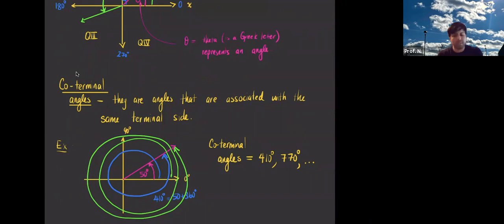But that's why we discuss it first, because we have to understand that 410 degrees, 770 degrees, 50 degrees, in a sense, they're the same. In a sense, they're different because you move around the XY plane more than once for several of those. But where you end up is exactly the same place. Where you end up for 50 degrees will be the same thing where you end up for 410 degrees, 770 degrees. And you can also go backwards as well.